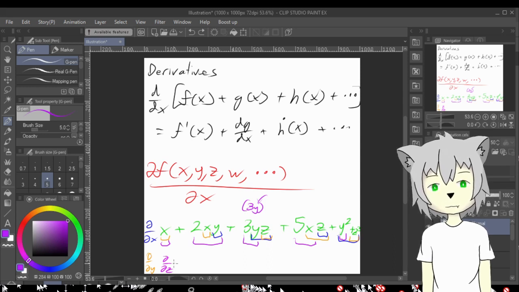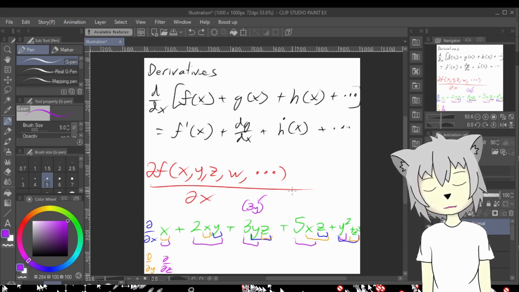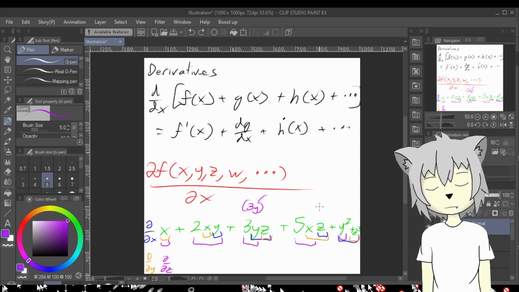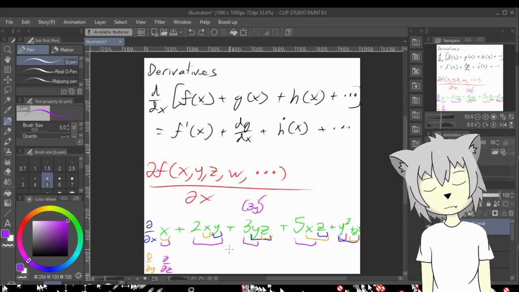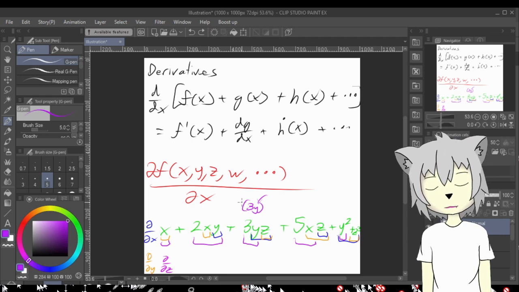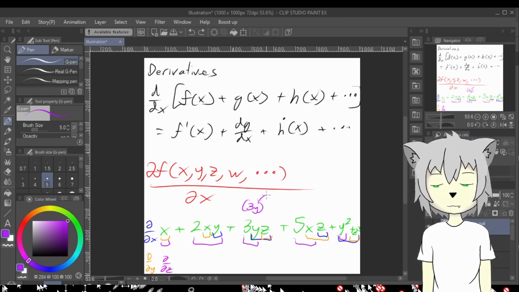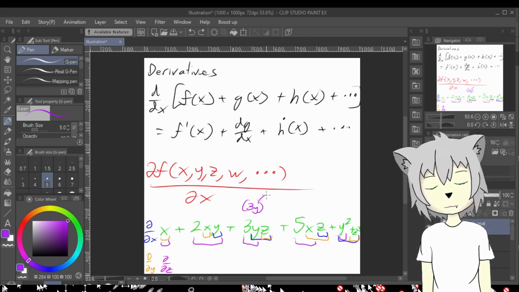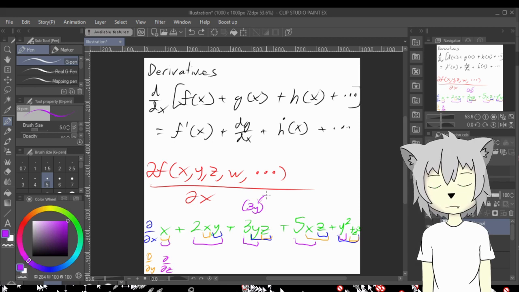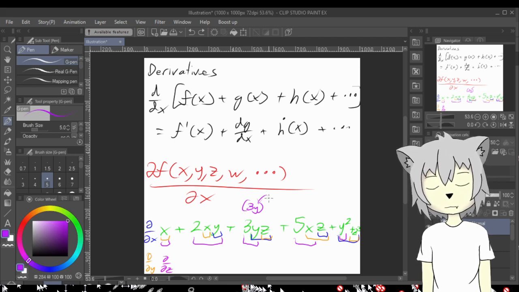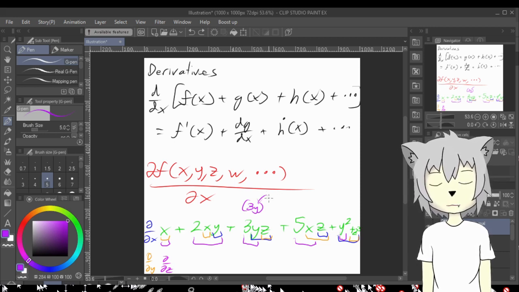So as z changes, the number increases or decreases because of the slope at that point. And of course, since we're not checking whether or not y is changing, we just ignore it entirely. We just don't treat it as a variable. We treat it as a constant, no different than a regular number, nothing else.